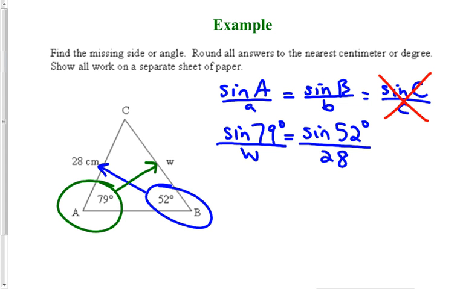Okay, so now we're ready to solve our proportion. So I'm going to cross multiply. So I have W times the sine of 52 degrees. And that's going to equal 28 times the sine of 79 degrees.